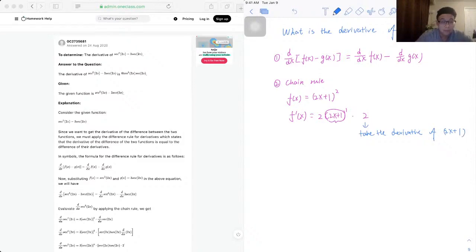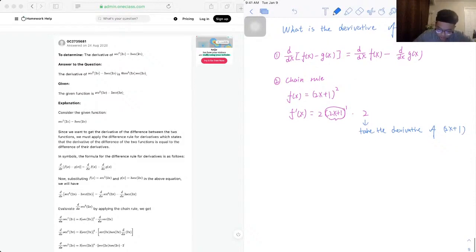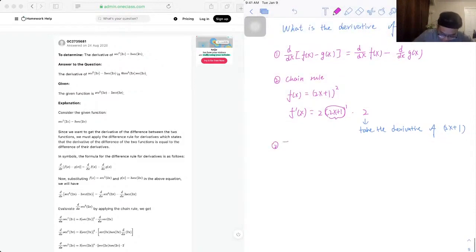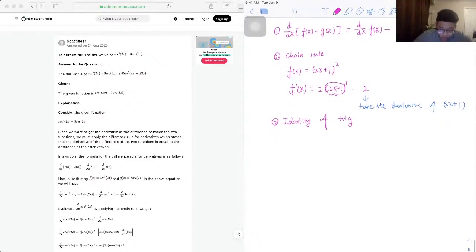And the third thing I want to mention is the identities of trigonometry. One of the identities is given by 1 equals secant squared 2x minus tangent squared 2x.